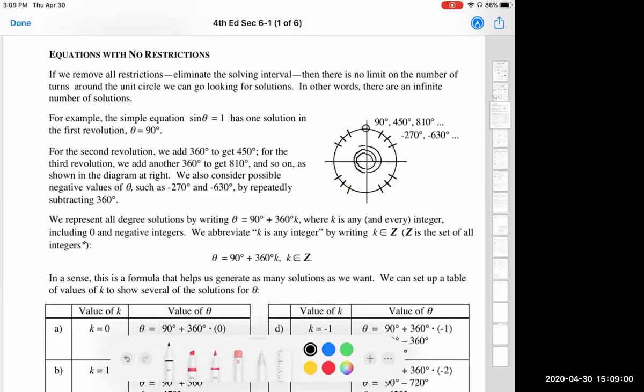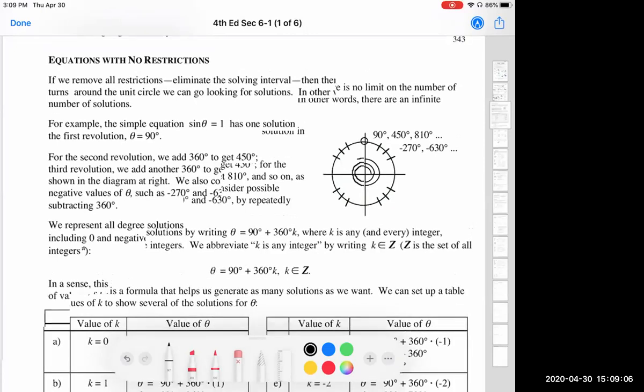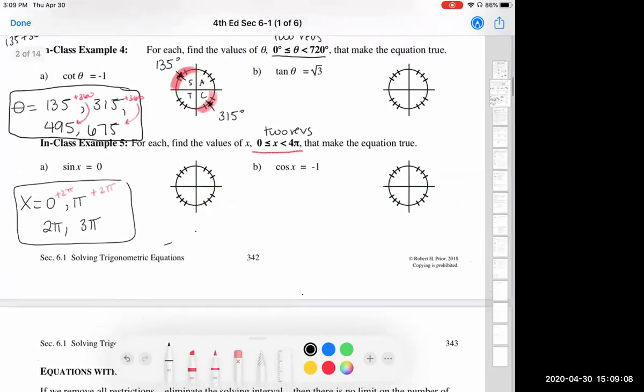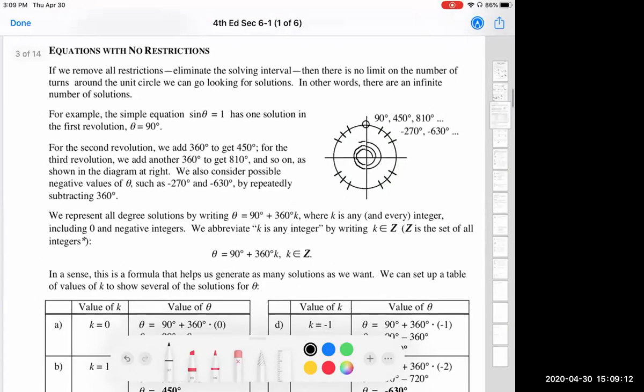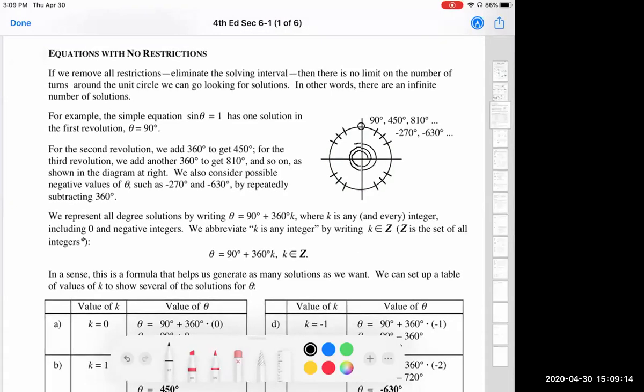Equations with no restrictions. If we remove all the restrictions and eliminate the solving interval, so what we were talking about above is what we'll see to be a solving interval, then there's no limit on the number of turns around the unit circle we can go looking for solutions. In other words, there are an infinite number of solutions.